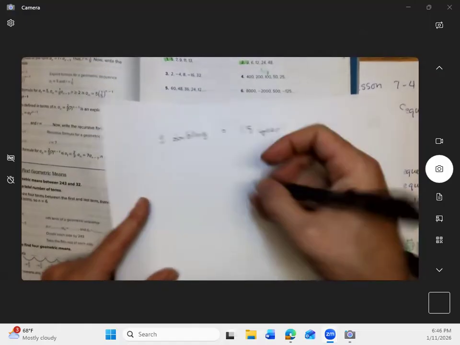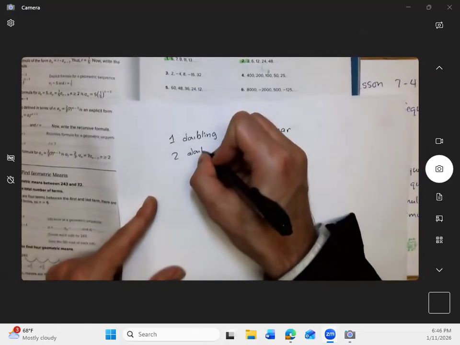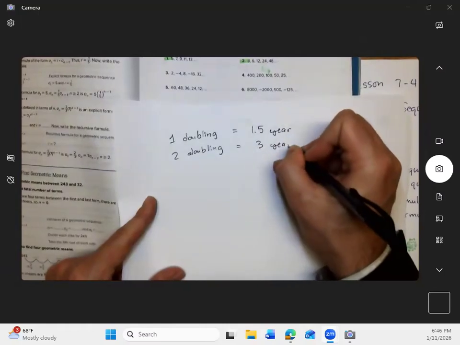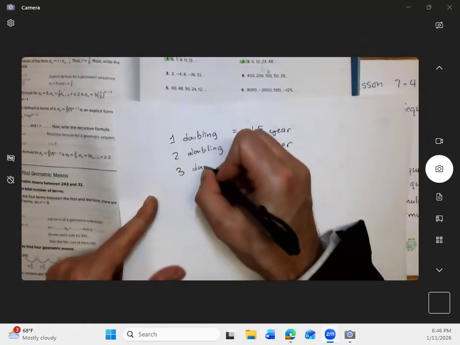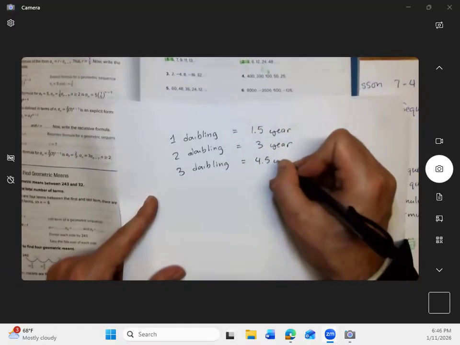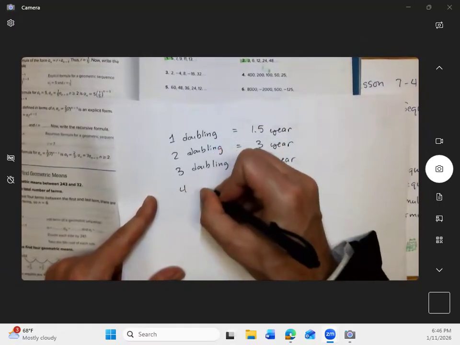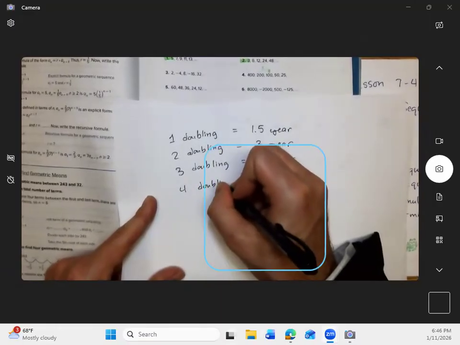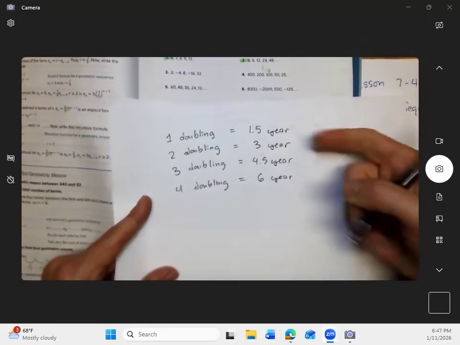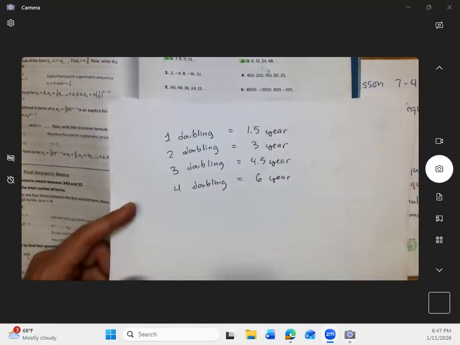Two doublings would correspond to 3 years. Three doublings corresponds to 4.5 years. And four doublings corresponds to 6 years. I'm just adding 18 months, which is a year and a half. That's where the 1.5 comes from.